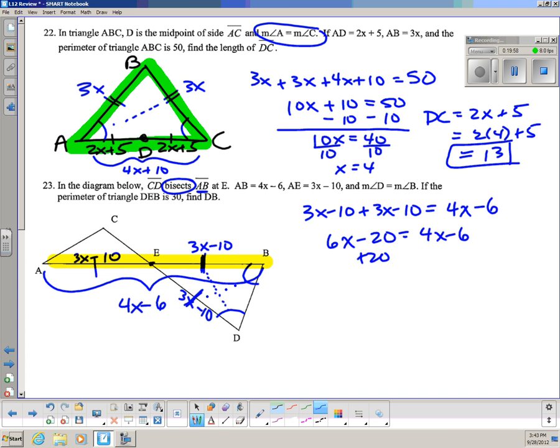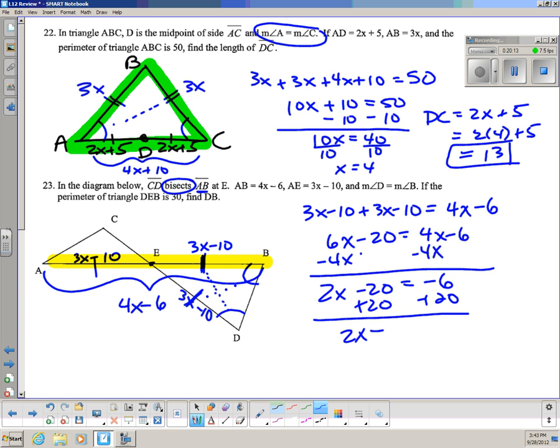Add 20 on both sides. Actually, no, sorry, I won't do that first. Subtract 4x on both sides. 2x minus 20 equals negative 6. Add 20 on both sides. 2x is 14 divided by 2. X is 7. So now x is 7.